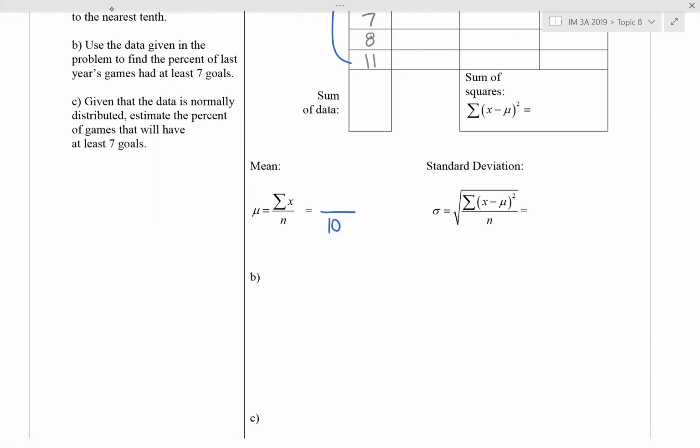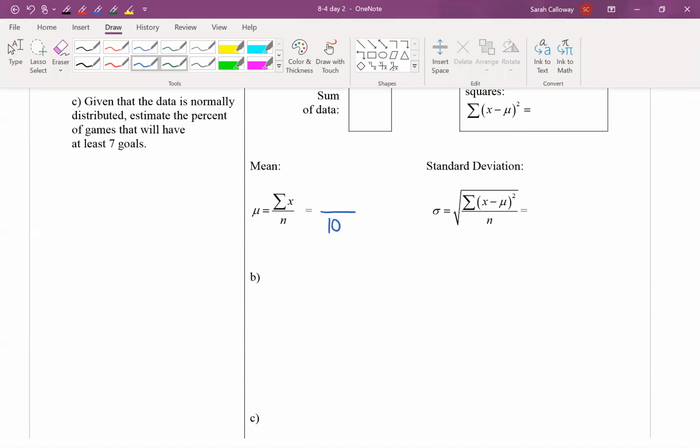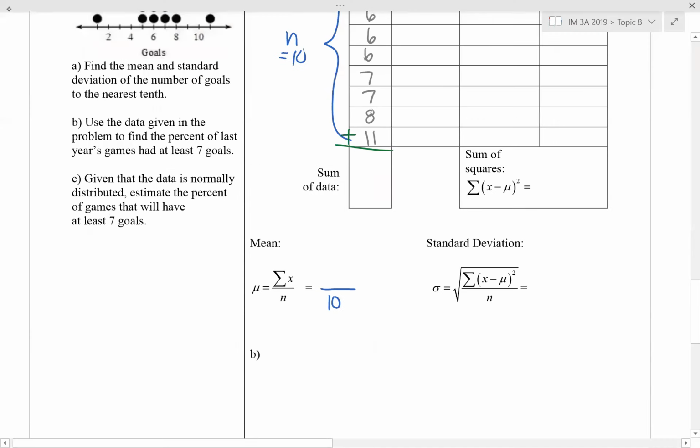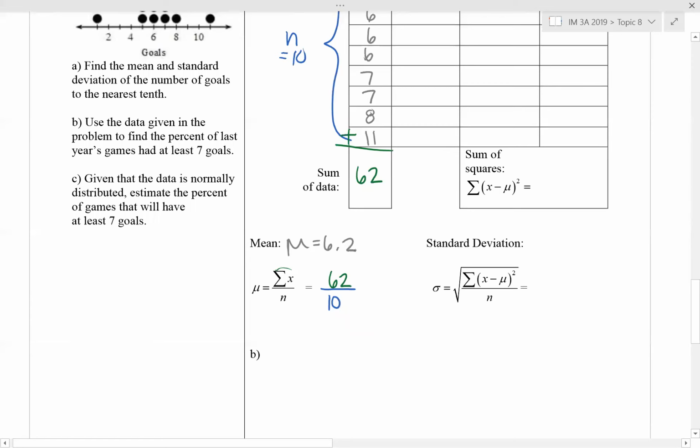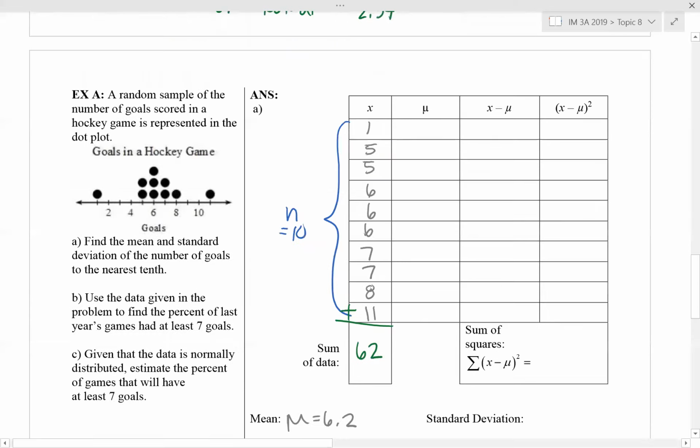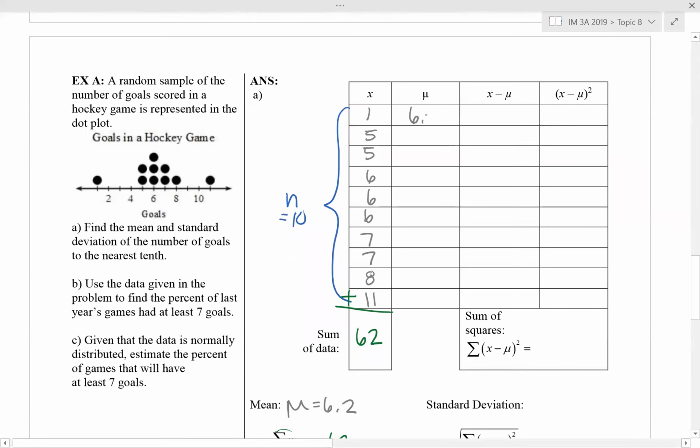If I add everything together to find the sum of my data, that's going to give us a sum of 62. So the sum of all x values is 62. And if I divide that by 10, that gives me that the value for the mean is 6.2. So to find the standard deviation, I now need to take that mean of 6.2.